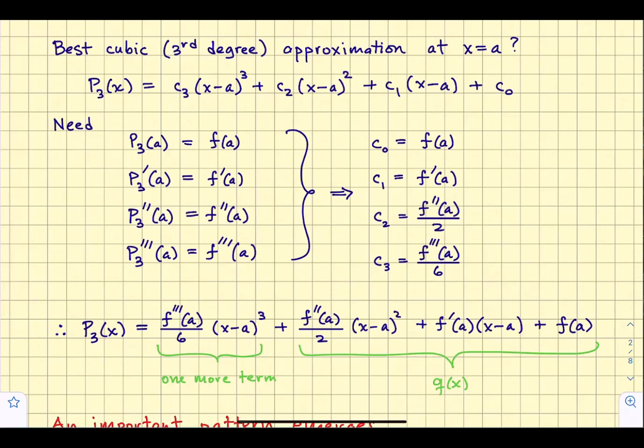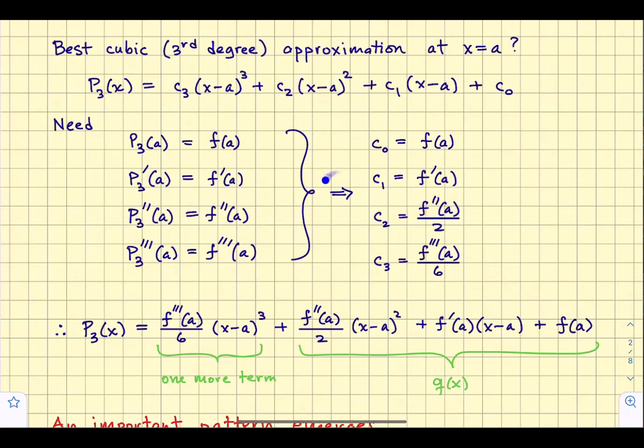And so now that it's a third degree polynomial approximation, it still needs to match the function value at a. It needs to match the derivative at a. It needs to match the second derivative at a. But now we're going to ask even more: it needs to match the third derivative at a. And if you notice, when we play this game, we've imposed 4 conditions, and those 4 conditions allow us to find those 4 constants. We have 4 constants, so we need 4 conditions.